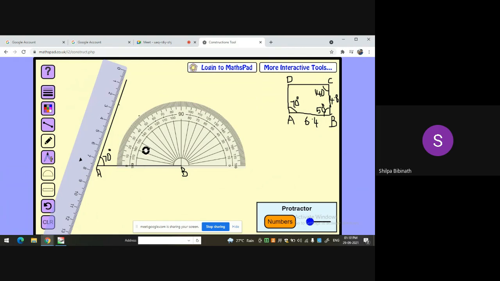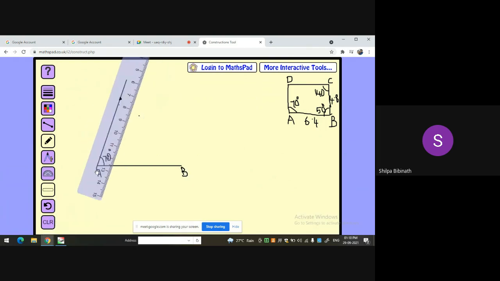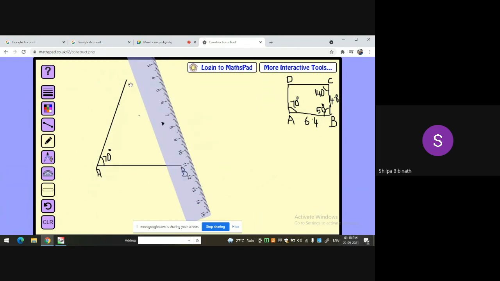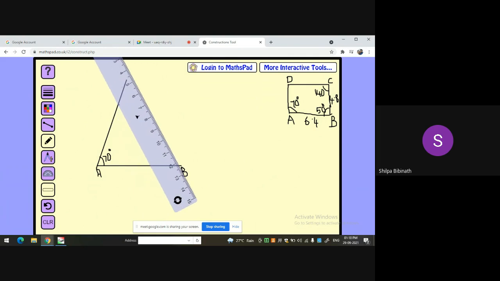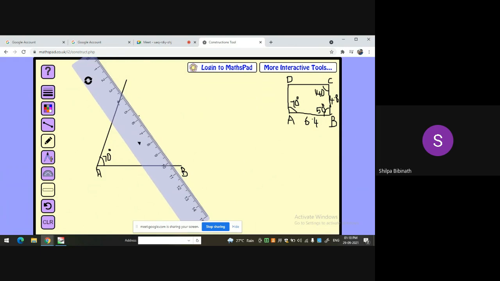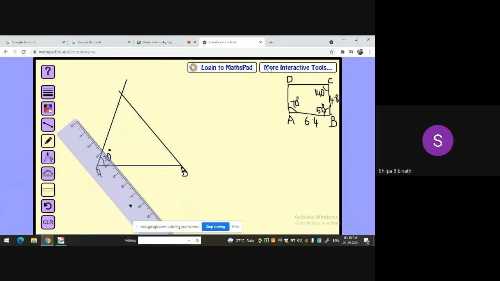So mark 50 there and then join it. Okay, so we have joined here. Mark this as 50 degree.